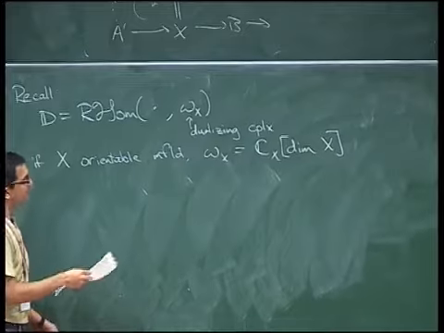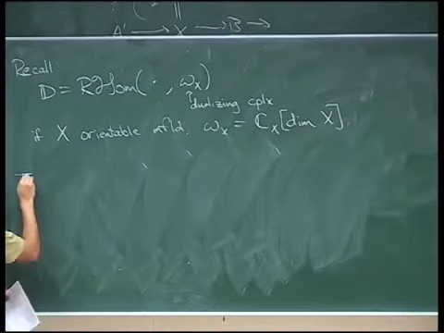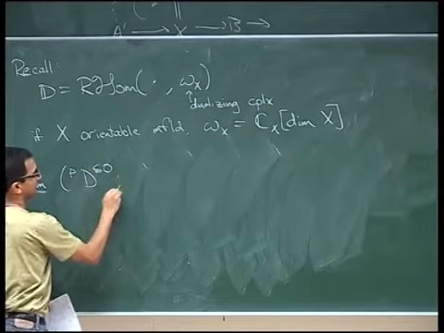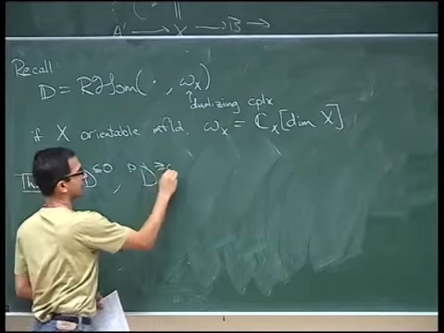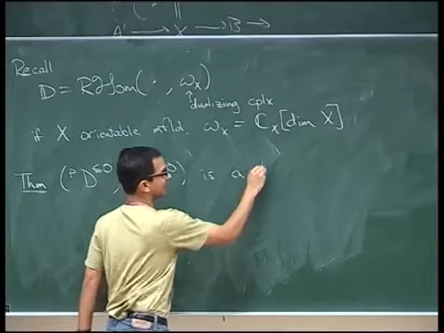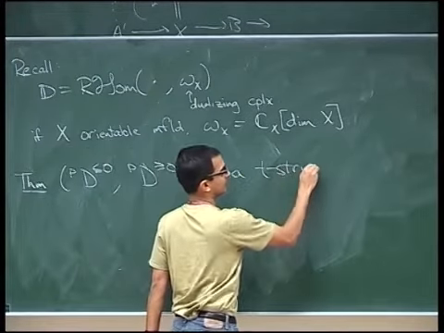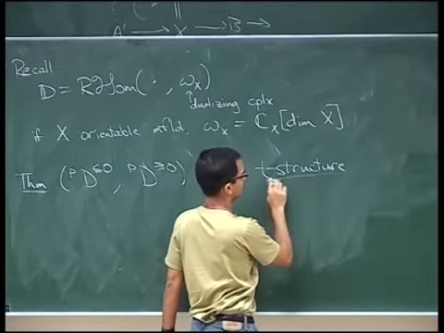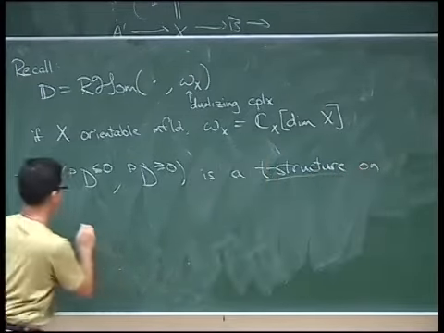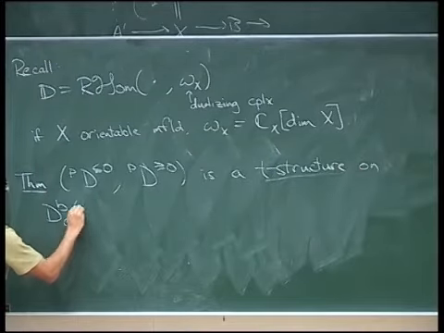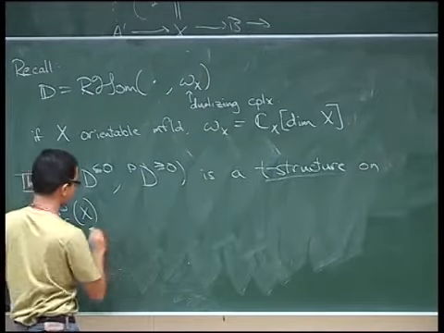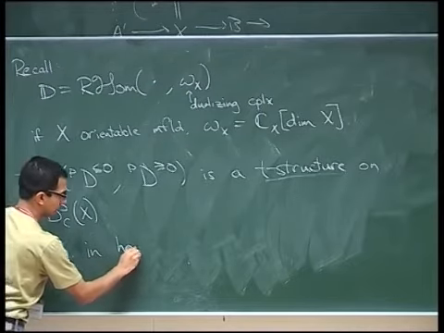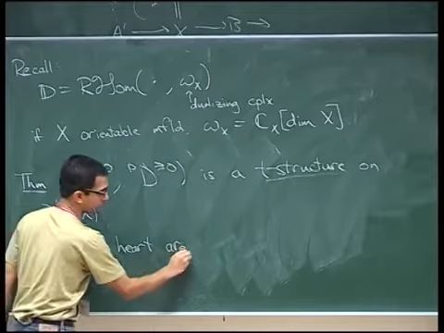So then the theorem is that PD less than or equal to 0, PD greater than or equal to 0 is a T structure on DDCX, and then objects in the heart are perverse sheaves.